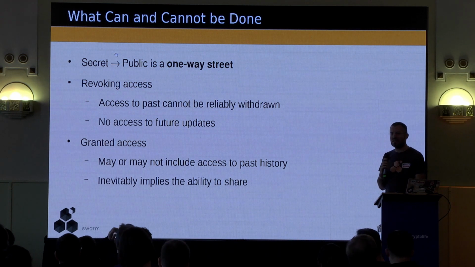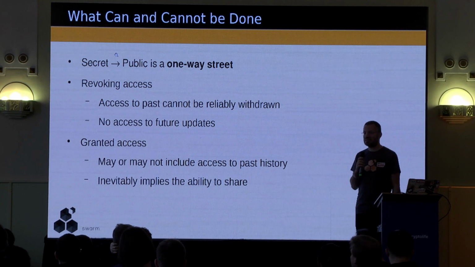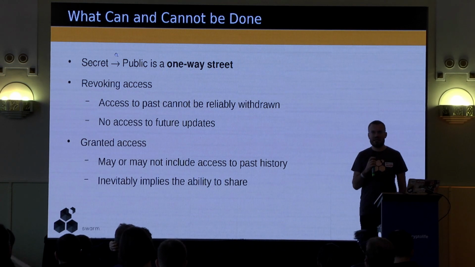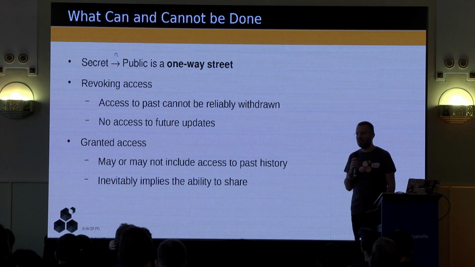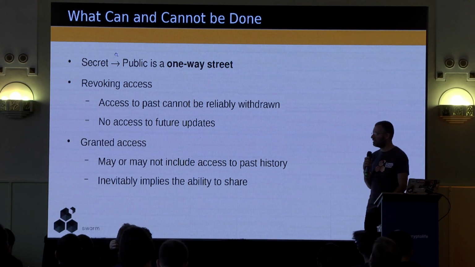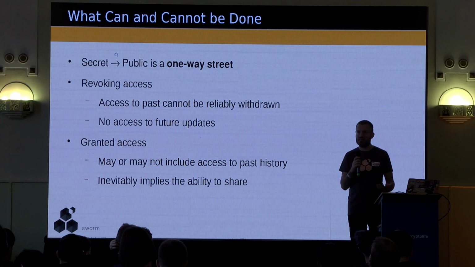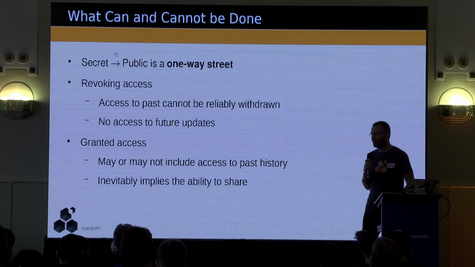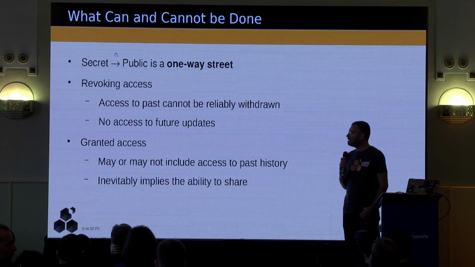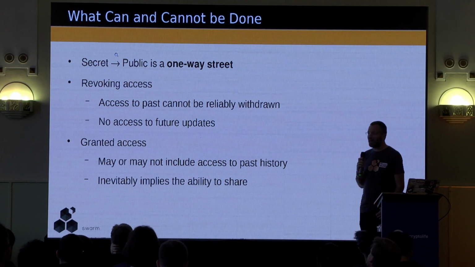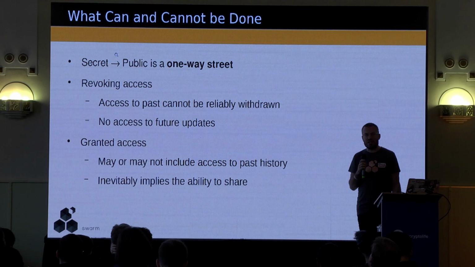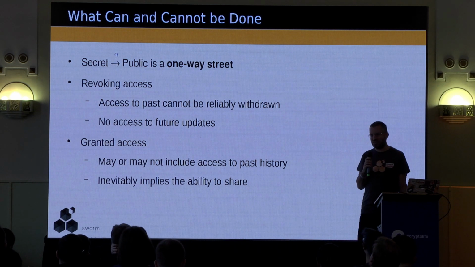Which means that revoking access is not exactly a complete reversal of granting access. Revoking access and granting access are not precisely the inverse operations of each other. They are slightly different. So whenever you revoke access, whatever those parties had access to in the past, they will still have read access to.